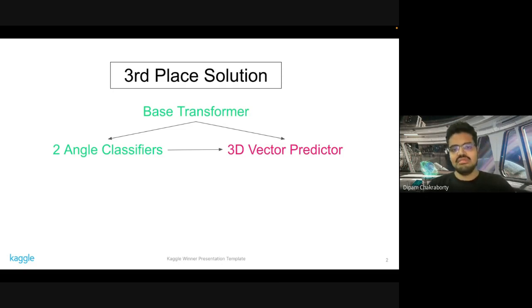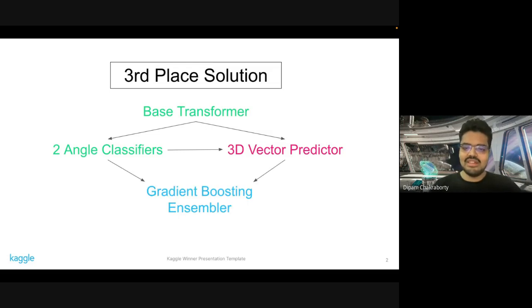But if I take a transformer pre-trained as the classifier, and then fine-tune that model with the 3D vector predictor, that actually performs even better than the classifier. So that was interesting, and I think combining these was my final innovation that really pushed me on top of the leaderboard. So that's kind of one picture for the solution.